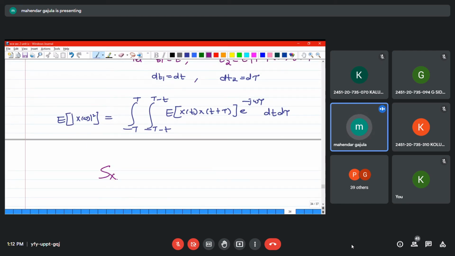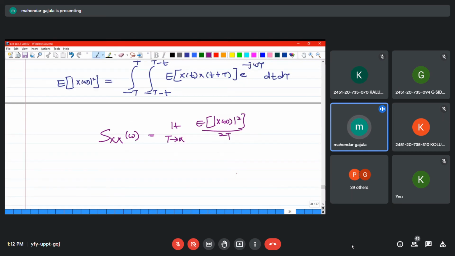What is the autocorrelation, the spectral density formula? Limit T tends to infinity, expectation of mod X(omega) square by 2T.